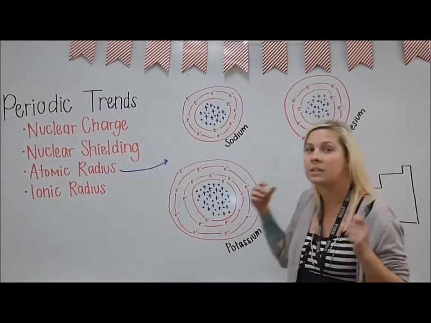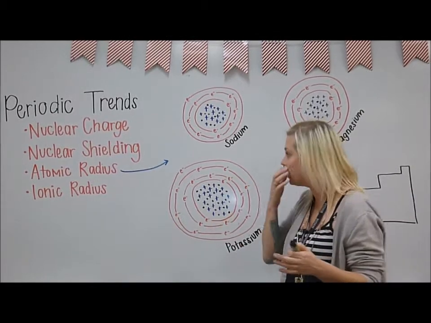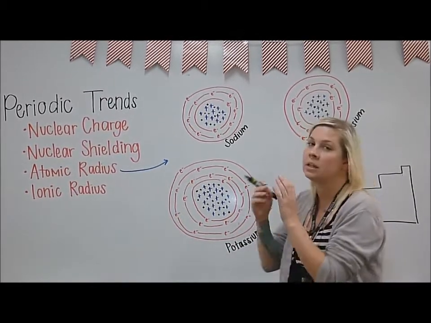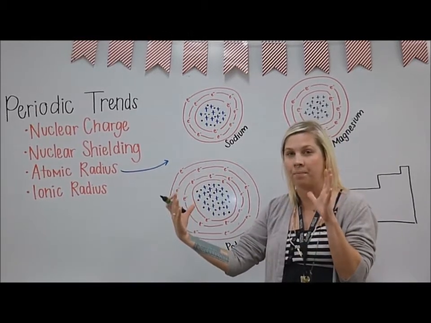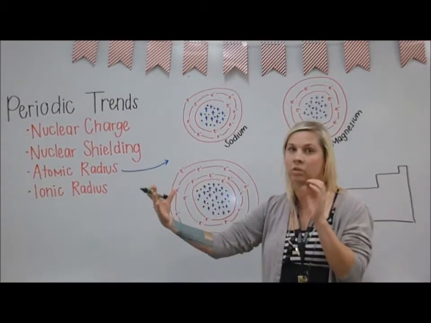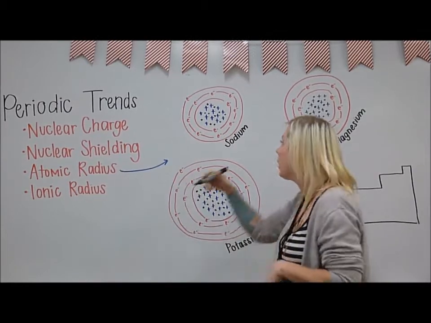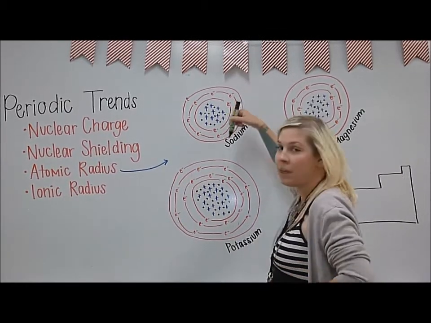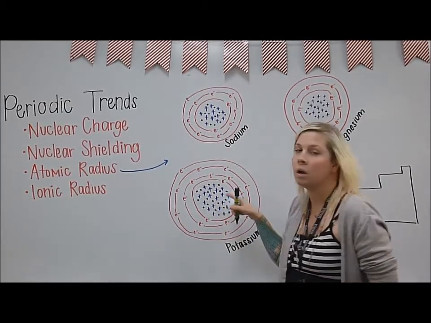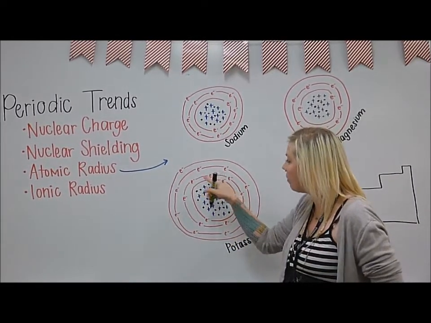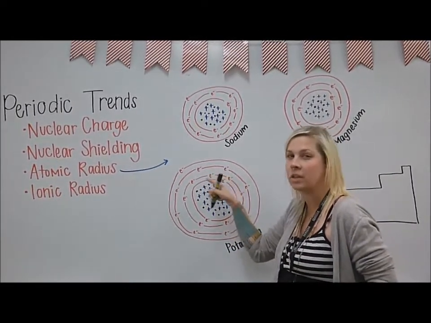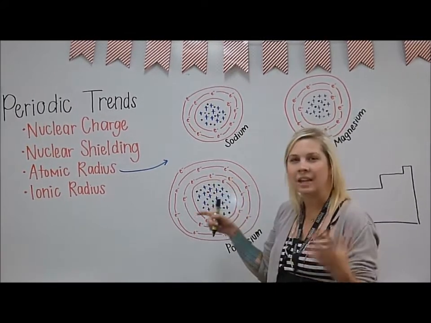So when we're looking at the size of the atomic radius, remember we're looking at how far out the electrons go from the center of the atom. Okay, so here, if you think about it, even though this has more protons in it and the protons are pulling in, there's a lot more electrons in the middle layers or the inner layers that are kind of acting as a buffer.